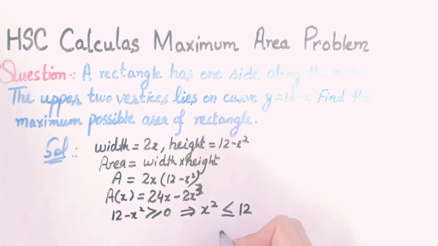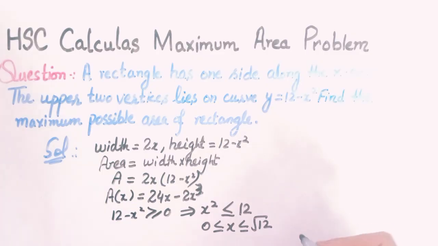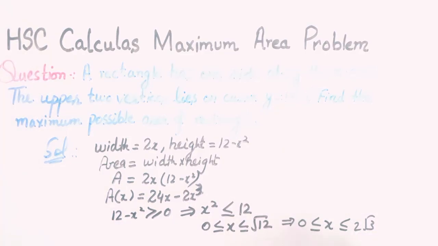So which means we have 0 is less than x and x is less than root 12. Now when we simplify this radical, we get 0 is less than x and x is less than 2 root 3.